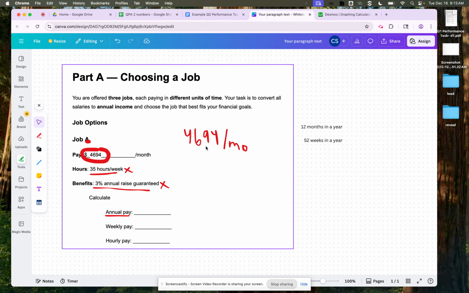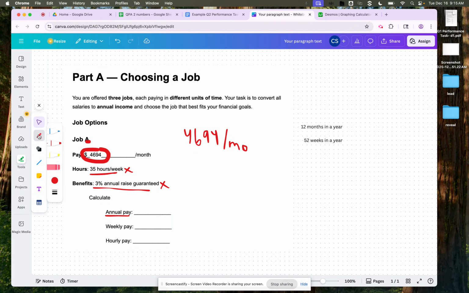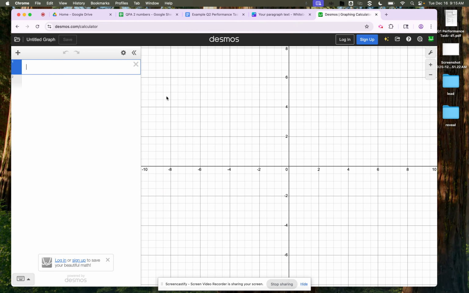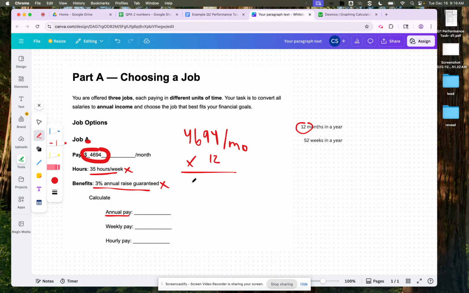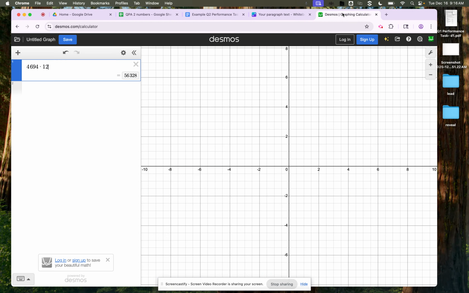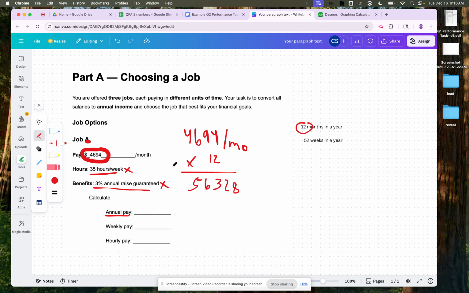If I'm earning this in 1 month, how much am I going to earn in 12 months? I'm going to take 1 month and multiply it by 12. So $4,694 times 12, and I'm going to get $56,328. That's going to be my annual pay.